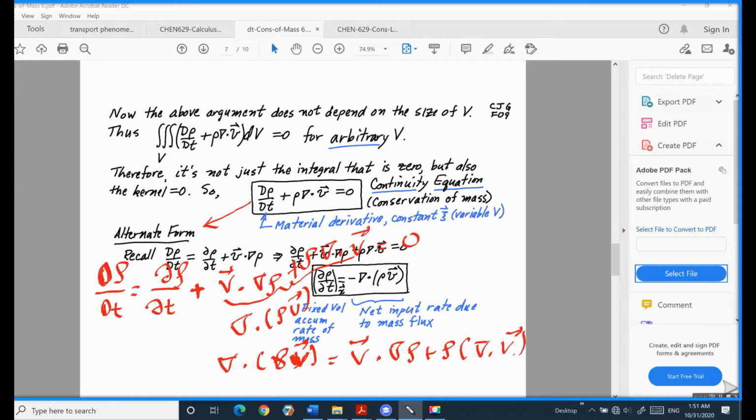So if we write this here and take this to the right side, it's going to be minus, and we can obtain that result for the continuity equation. Okay, so continue for the next part.